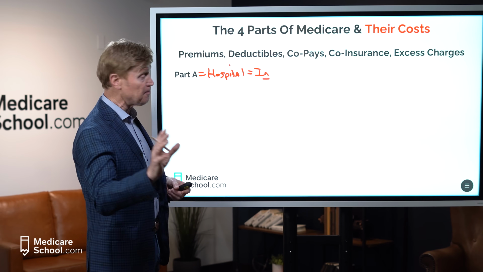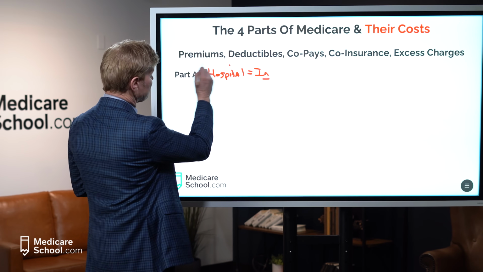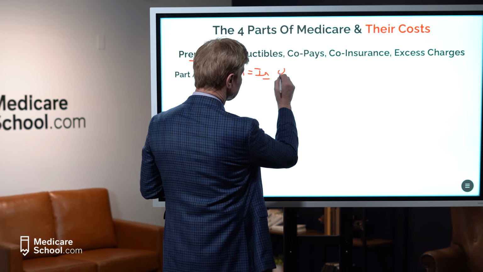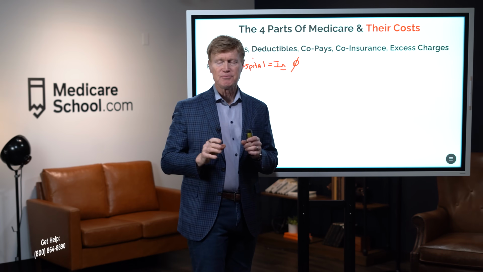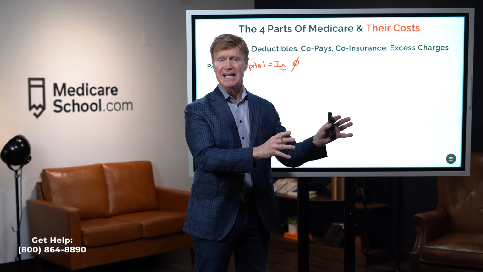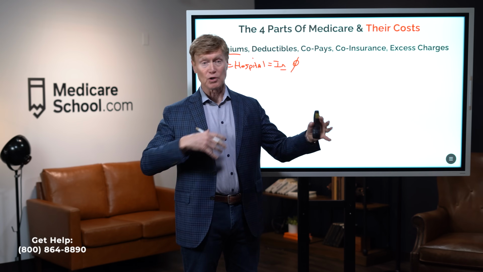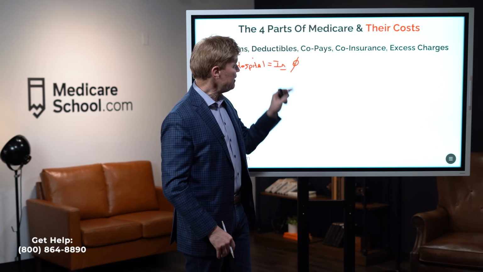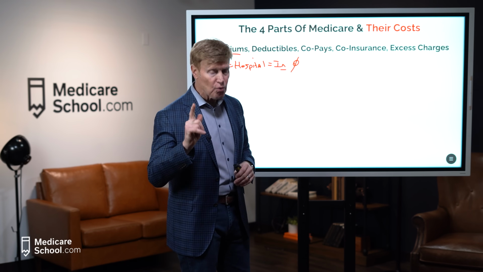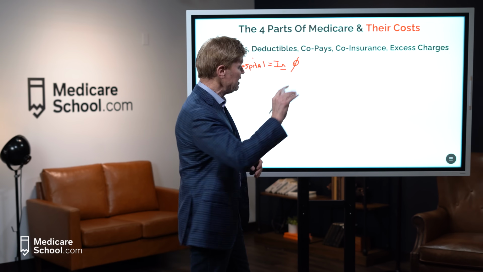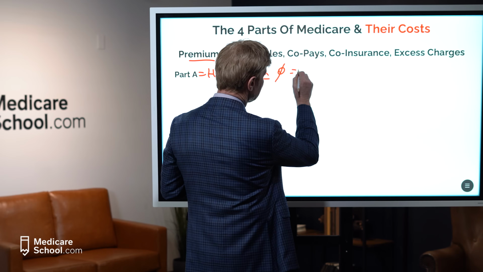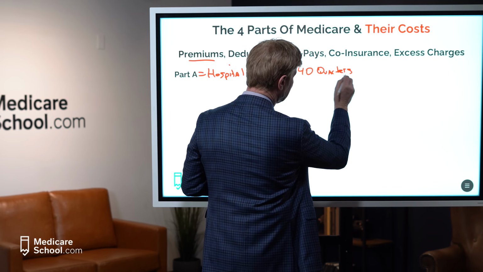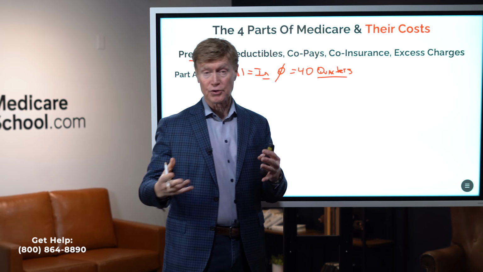All right, so let's go through these different aspects. First off, the Part A premium. For most people, the Part A premium is going to be zero. The reason is that because we pay into the Medicare tax system all of our working life through FICA taxes or self-employment taxes, Medicare will give us Part A at no monthly premium for life, as long as we have 40 quarters paid into Medicare. 40 quarters is basically 10 years' worth of work.